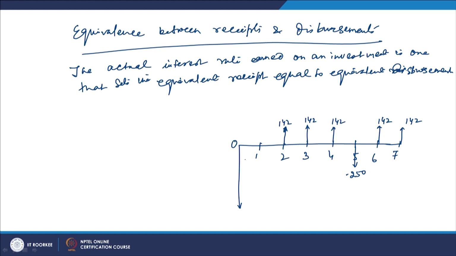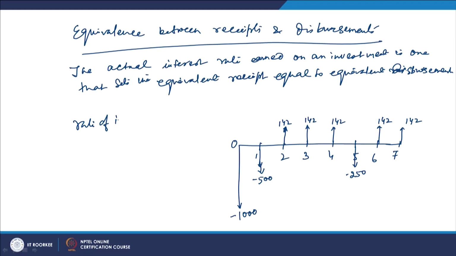This is minus, because it is a disbursement, so you take it as a negative value. At first time you have a disbursement of minus 500, and then at 0 time minus 1000. So for this cash flow you have the disbursement of 1000 at 0 time, 500 at the end of the first time period, and 250 at the end of the 5th time period, and receipts at the 2nd, 3rd, 4th, 6th and 7th time periods.